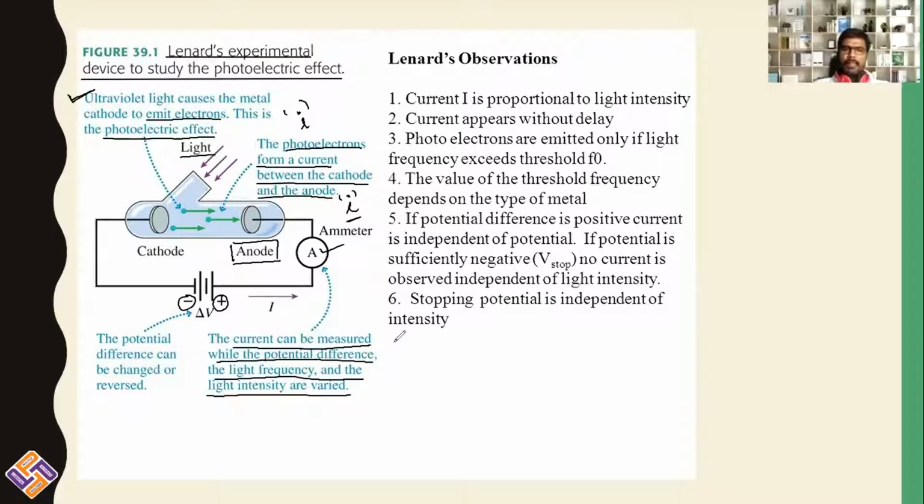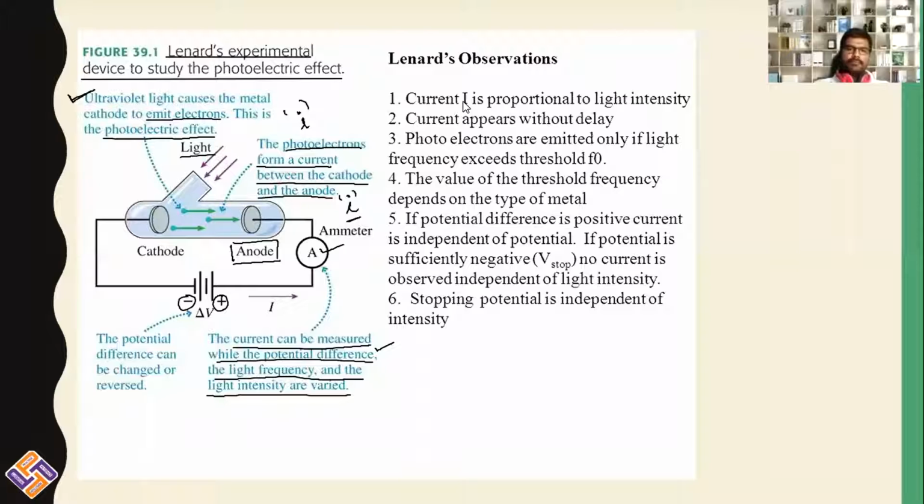You can maintain constant potential difference and constant frequency, and change the intensity. You can maintain intensity constant and change the other two parameters. You can maintain frequency constant and change the other two parameters. Corresponding to each variation, you can find out how much current is passing through this ammeter.